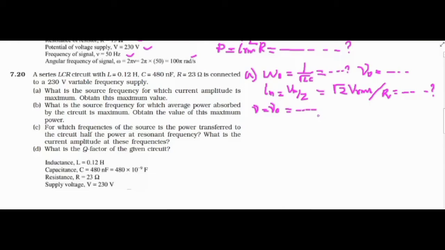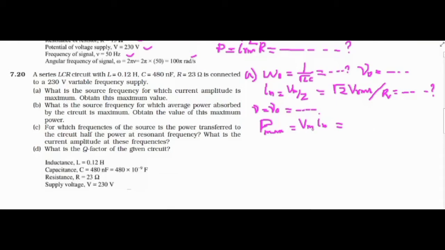Maximum power we can have, P max is equal to Vm Im for the peak values. And our actual formula is VRMS IRMS cos phi.